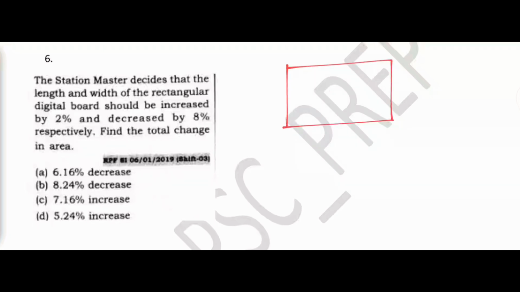The station master decides that the length of the rectangular digital board should be increased by 2%, and breadth, that is width, should be decreased by 8%. Same formula we're gonna apply. Length is increasing by 2%, plus 2.